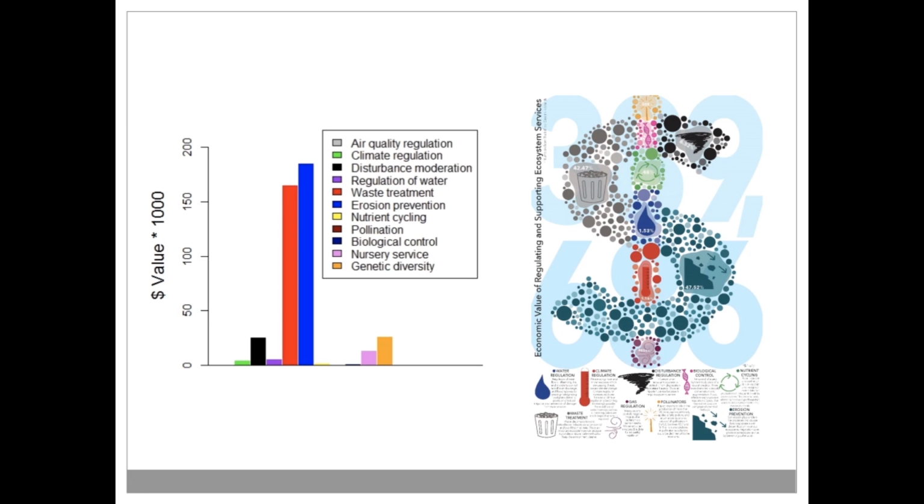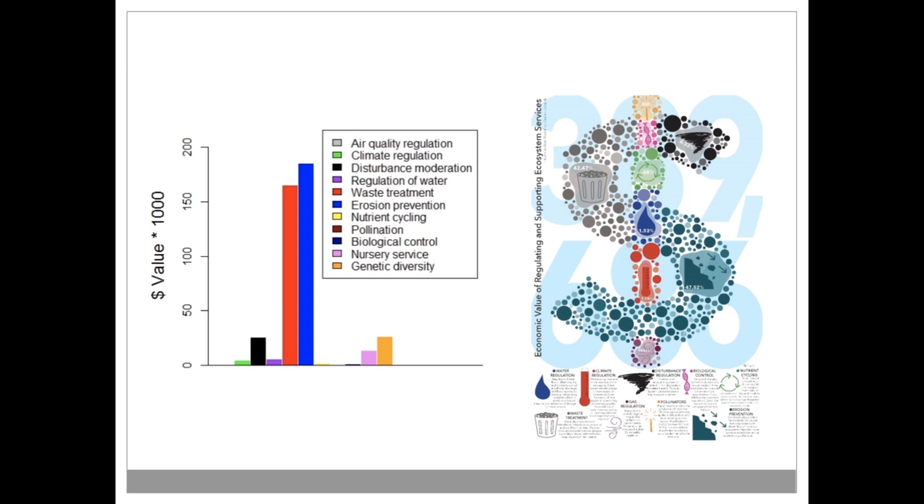We can look at the ecosystem service value of these different regulating and supporting services. And I think this kind of highlights some of the maybe missing components, or how we often don't realize how important something is. In this figure, it's the different regulating and supporting services and their relative economic benefits.